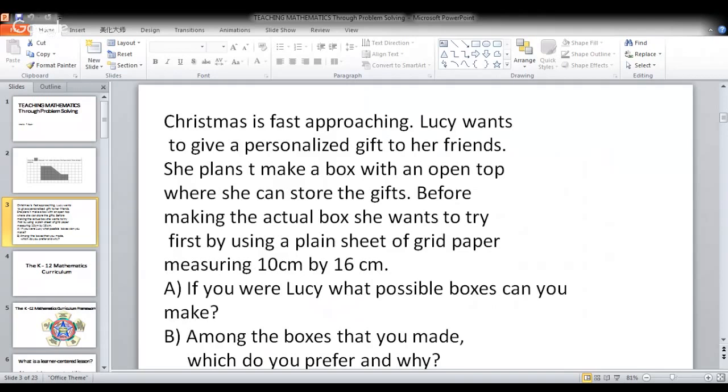So first they will just make a box, but at the end of the day, we should generalize because you could have varied dimensions of the box, and then we could make a generalization on how we could express the dimension of the box. Okay, in that case we can introduce how to write an algebraic expression.